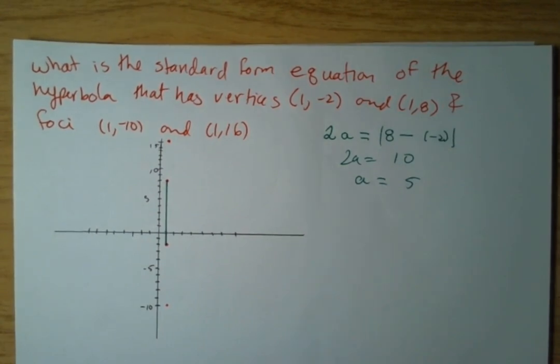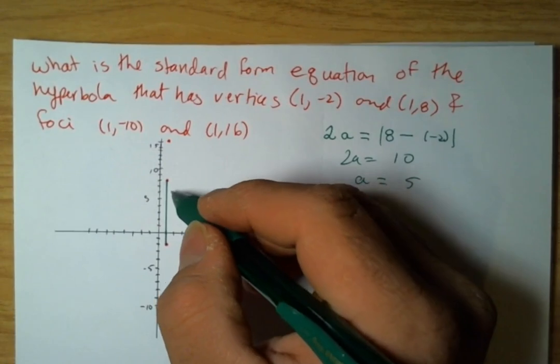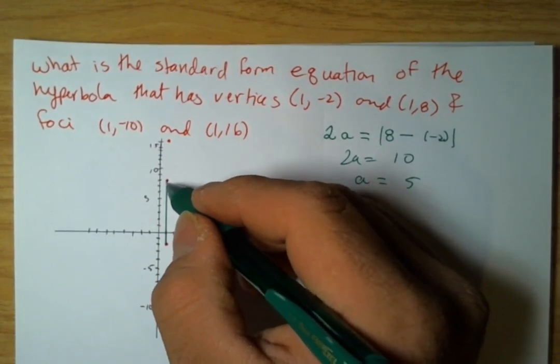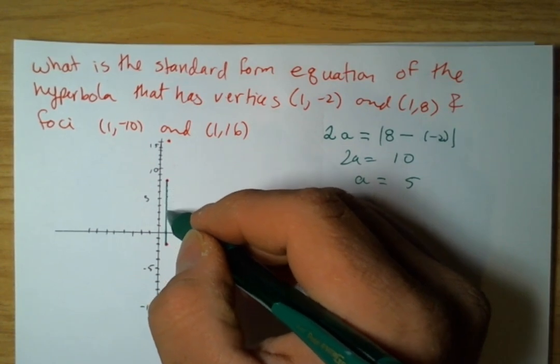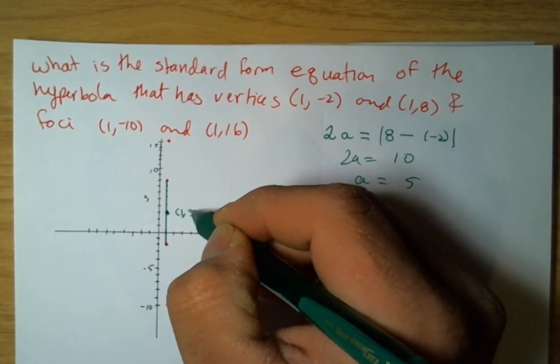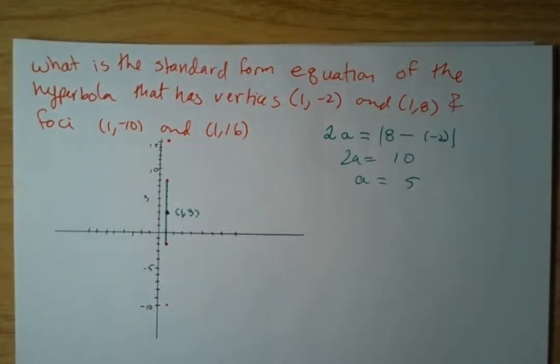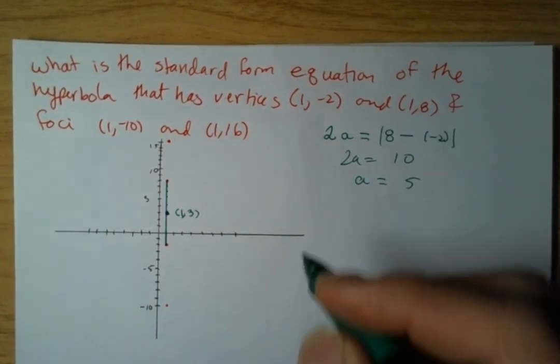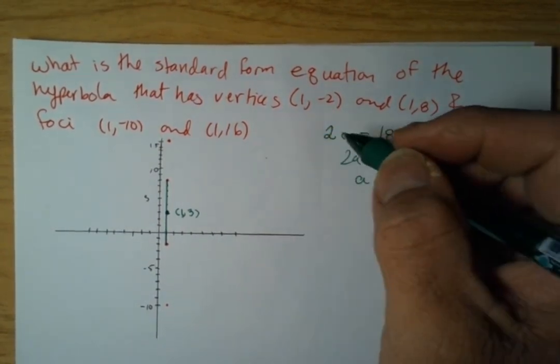Okay, and c, so right away we can find the center here, right? So if this is a, the center is going to be 5 back. So here, the center being (1, 3). Okay, all right. So that means now we have the center, which is going to help me plot in my equation.